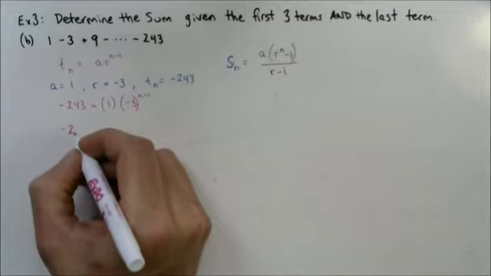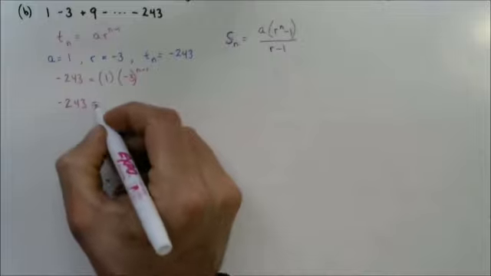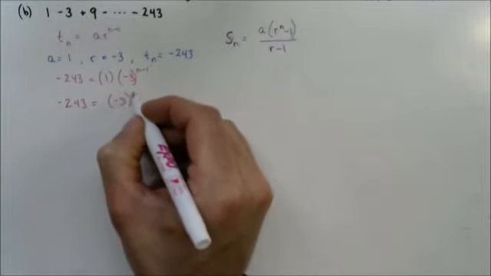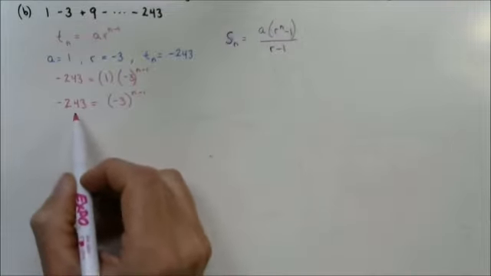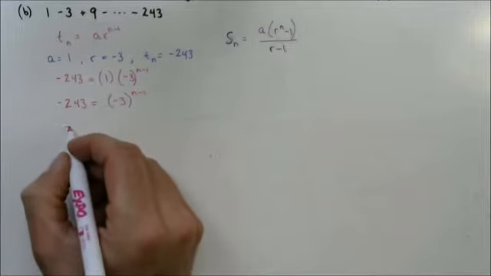So left side stays negative 243. On the right, anything times 1 is itself, so we have negative 3 to the power of n minus 1. Now it's a case of representing negative 243 as a power with negative 3 as its base.